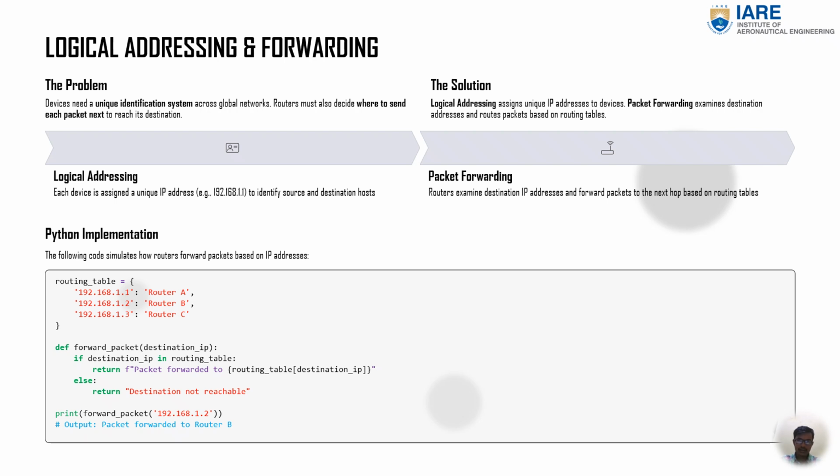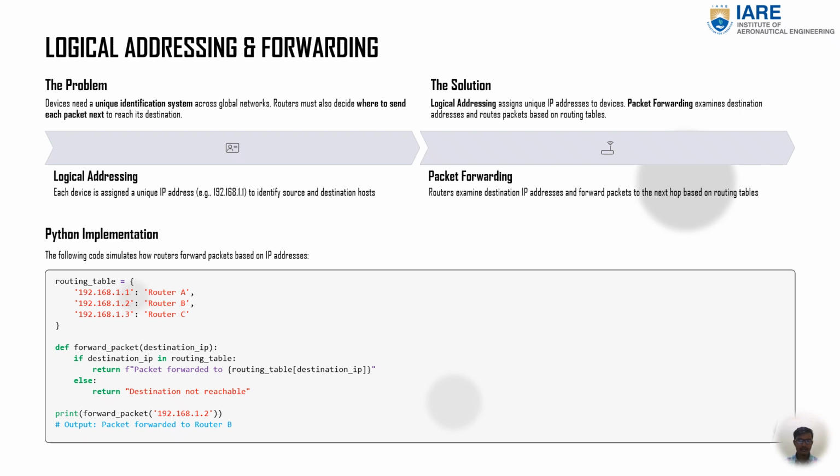It is equivalent to the question of whether we know where to send this packet. Basically, it checks the destination. If any route exists, it returns the packet forwarded to the destination. It looks up the router from the dictionary and returns the message.